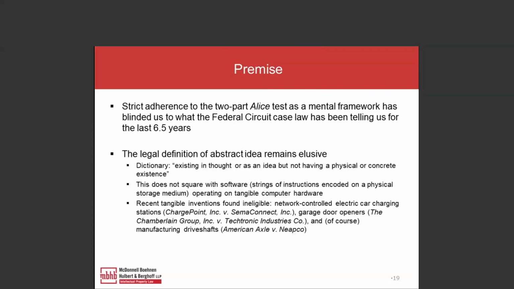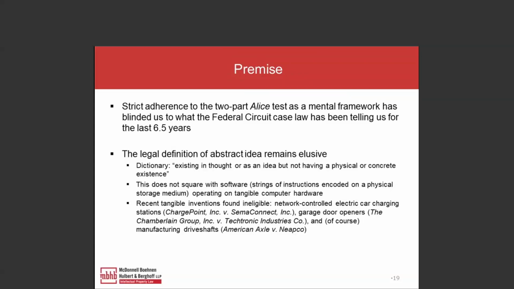It's based on the following premise. I think that strict adherence to the two-part Alice test as a way of thinking about Section 101 is confusing, first of all, just because it's such a vague test, and both parts are vague. Nobody knows what directed to means. Nobody can tell me what significantly more means. And the examples from the case law are just all over the map and inconsistent.